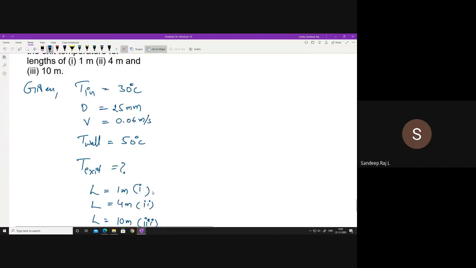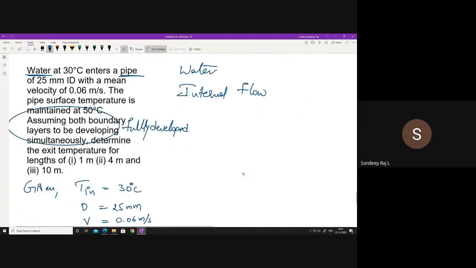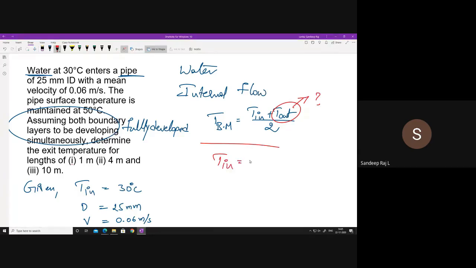See, in this, can you find out the bulk mean here? T bulk mean is equal to T in plus T out by 2. Here, T out is not given in the question. He's asking you to find it out. So you cannot take the T bulk mean. So all properties are to be taken at 30 degrees centigrade itself.